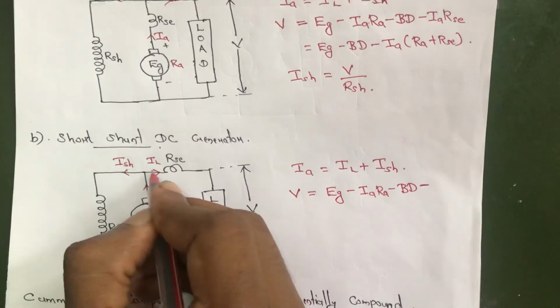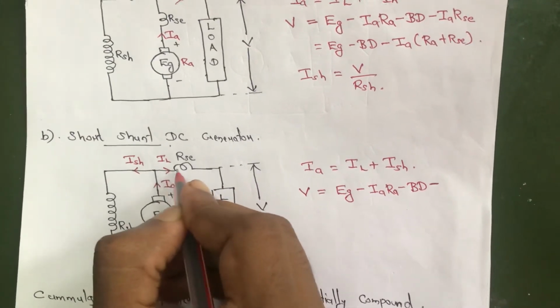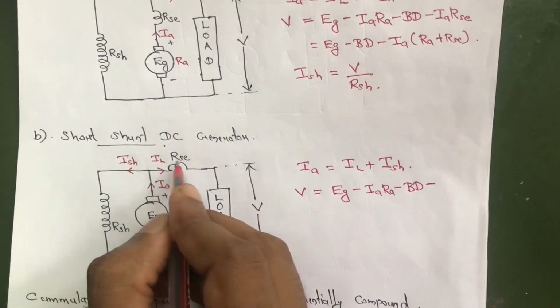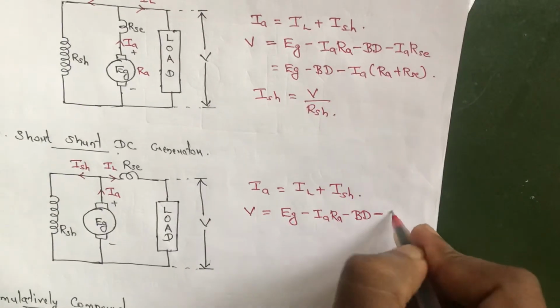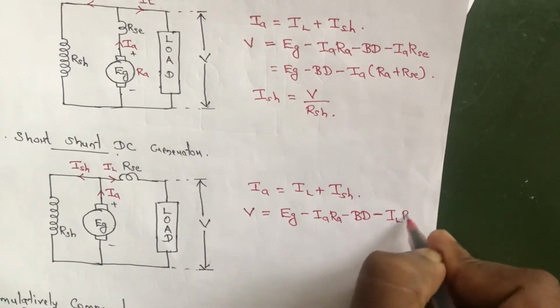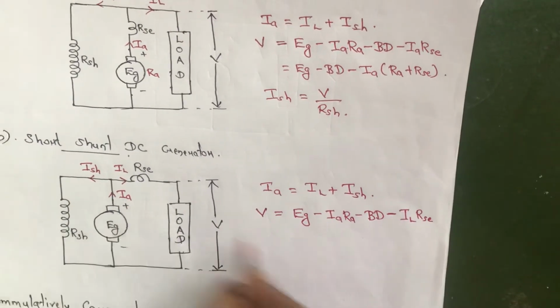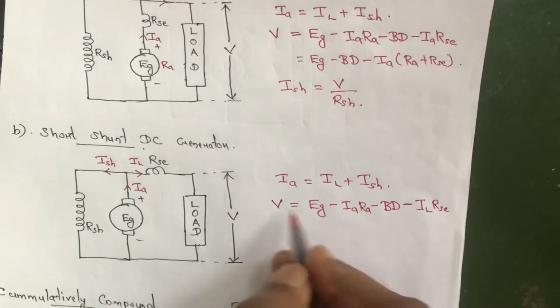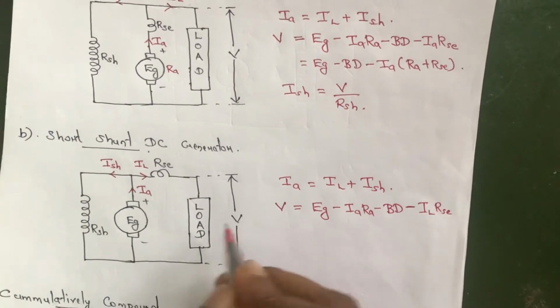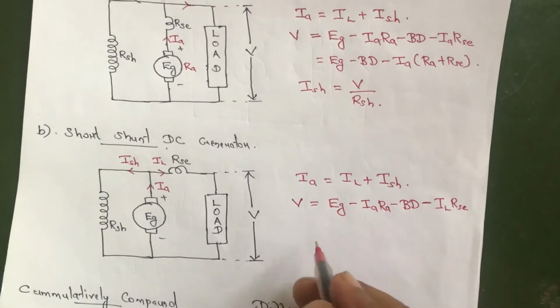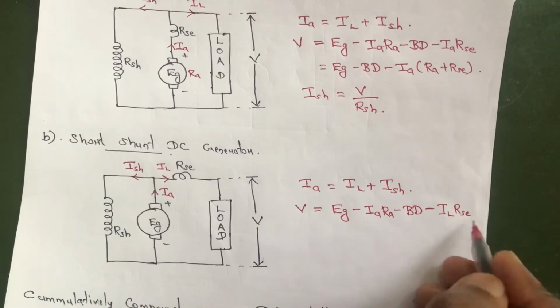The voltage drop will be V equal to I into R. The current through this resistance is IL and the resistance is RSC, so IL RSC drop. We have accounted all the drops, and then the remaining voltage will be delivered at the load. So we can write this equation for V.